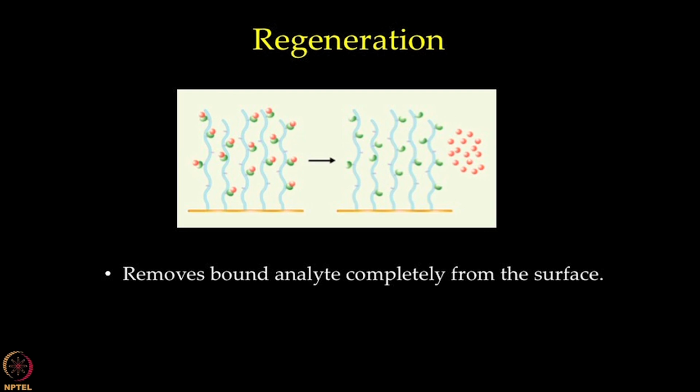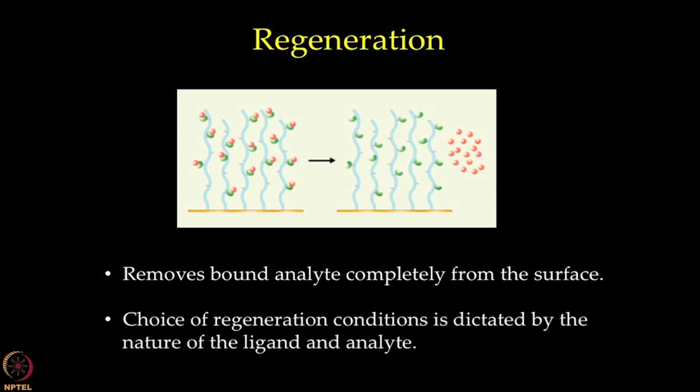If the regeneration is incomplete or the binding activity of the surface is reduced, the performance of the assay is impaired. The choice of conditions for regeneration is dictated by the stability and nature of the ligand and analyte.